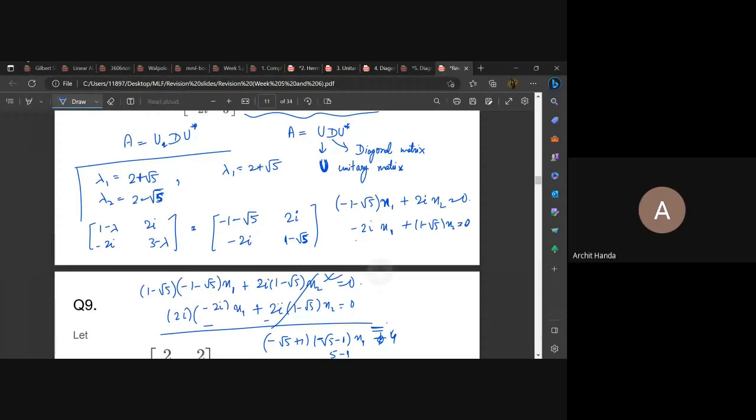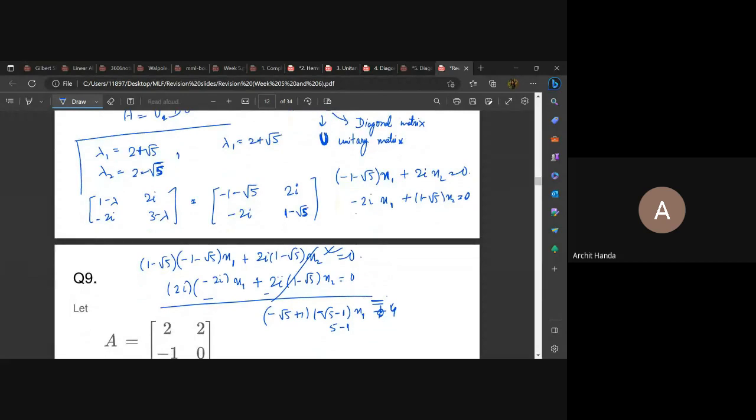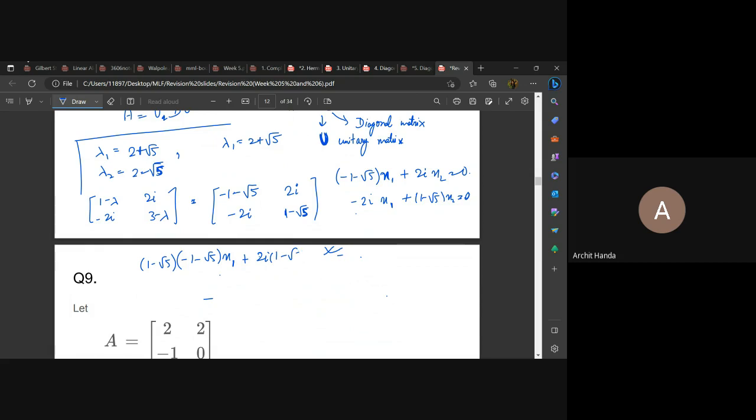Ma'am, should we eliminate the x2 term as well, because we need to find x1 in terms of x2, right? Right. So why are we eliminating the x2 term? This will always lead to 0, 0, because both the equations... Correct. Instead, what we can do is take the x2 term to the right side and write x1 in terms of x2.